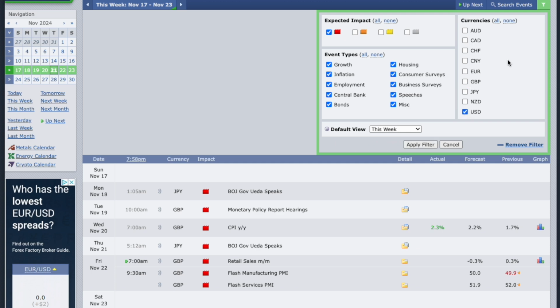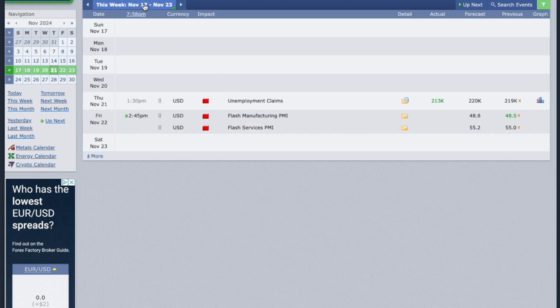We want US and red only. Let's make sure we got the correct dates in. Okay, so tomorrow we've got flash manufacturing PMI and flash services PMI. These are the two news that we got coming out tomorrow at 2:45, or you could say 14:45, okay, GMT.